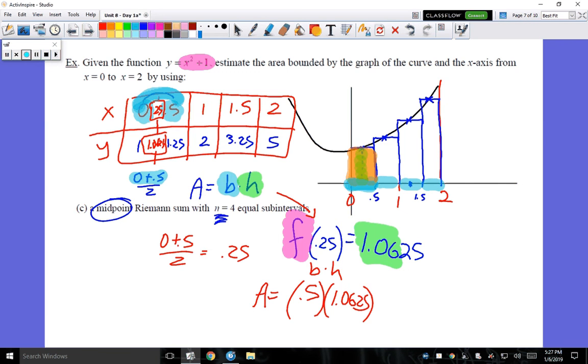Again, average of the x's, then use that x to put back into the equation to see what your y value is going to be.